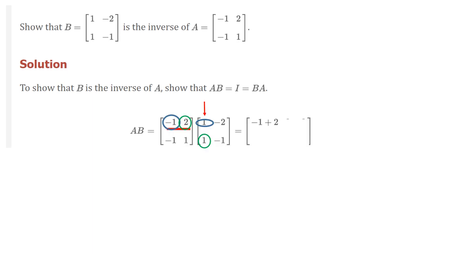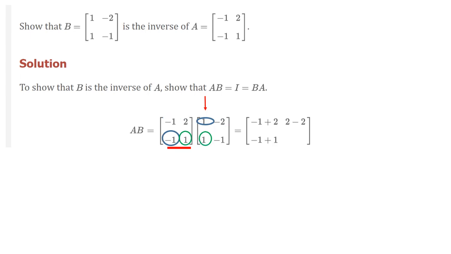Just to review matrix multiplication, the way we multiply matrices is row times column. So we do -1 times 1 plus 2 times 1. That's in the position row 1, column 1. Then row 1, column 2: -1 times -2 plus 2 times -1. Then row 2, column 1: -1 times 1 plus 1 times 1.